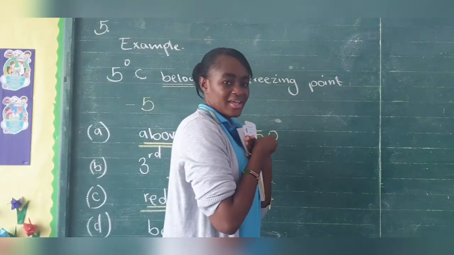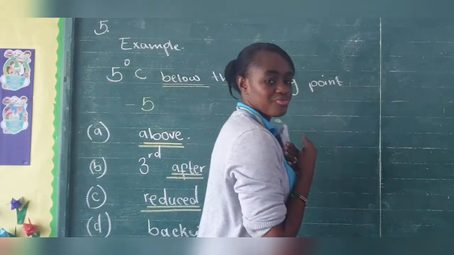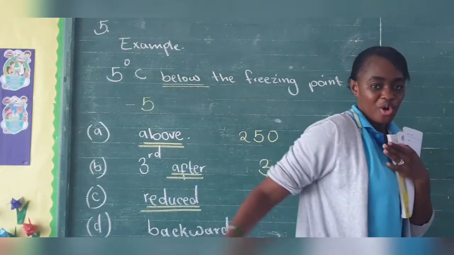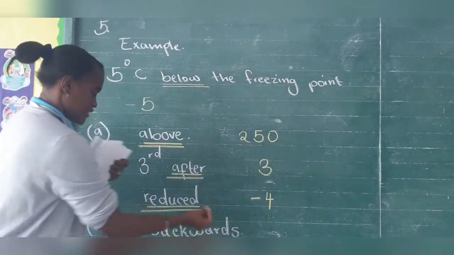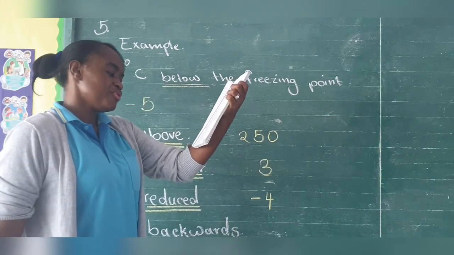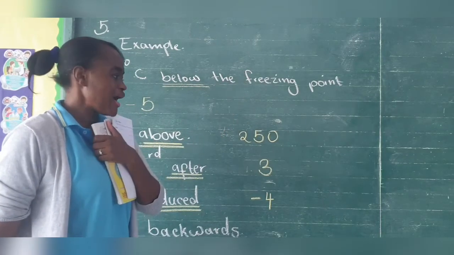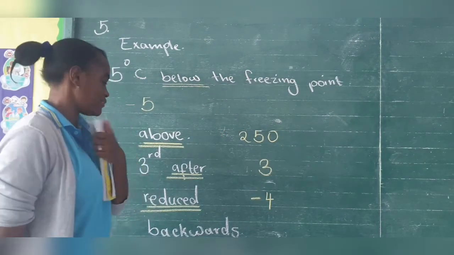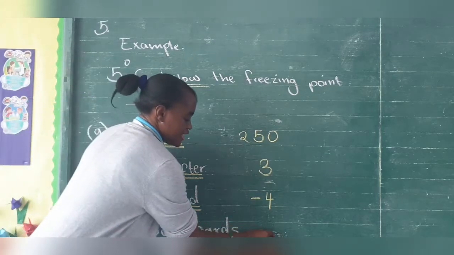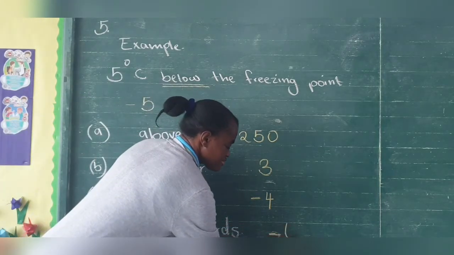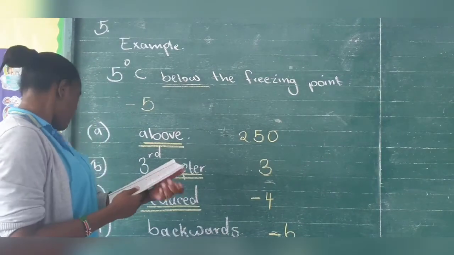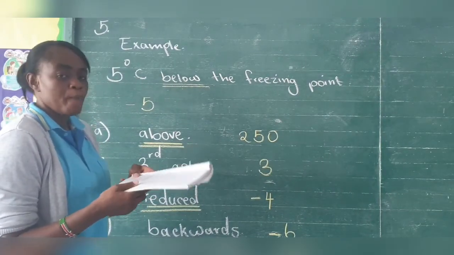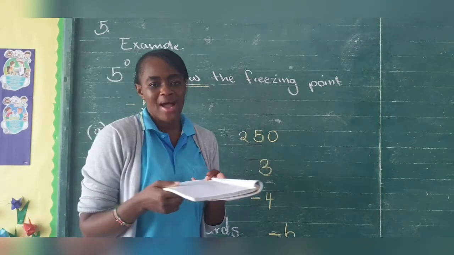If I'm standing here and I go like this, it's frontwards. If I go back, backwards. So they move 6 steps backwards. What is your answer? 6 steps. -6. Okay? Very good.